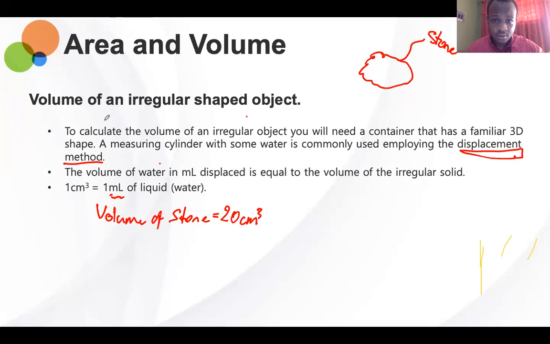We can run through the conversion. You know how to convert from centimeter cube to meter cube? You want to try it? All right. So 100 centimeters is 1 meter.